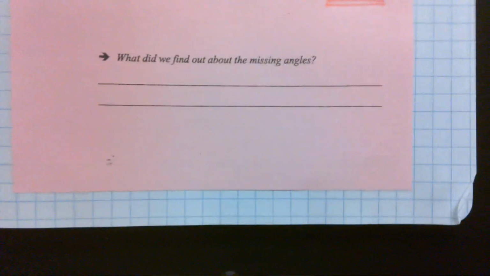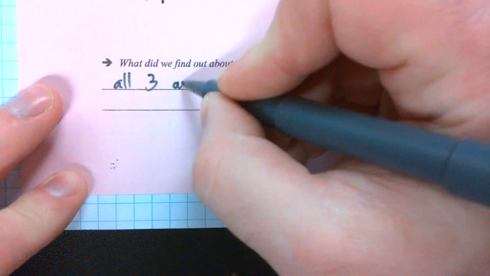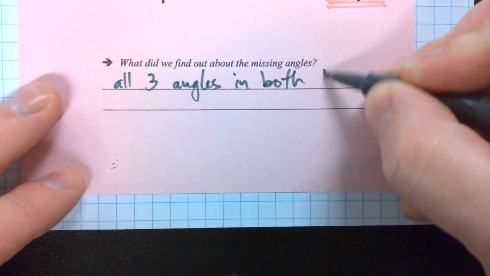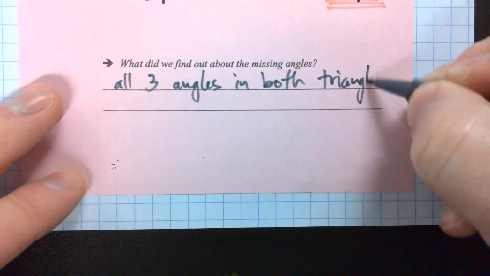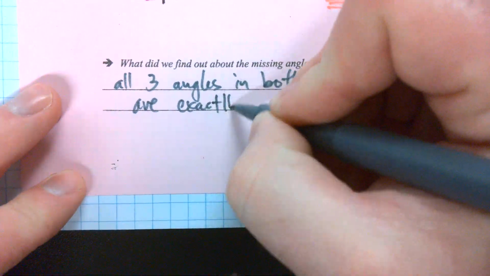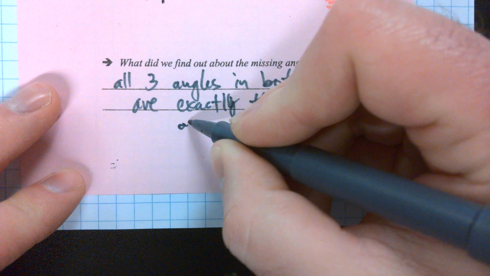So if we want to answer the question, what do we find out about the missing angles? We would just say all three angles in both triangles are exactly the same angle measures.